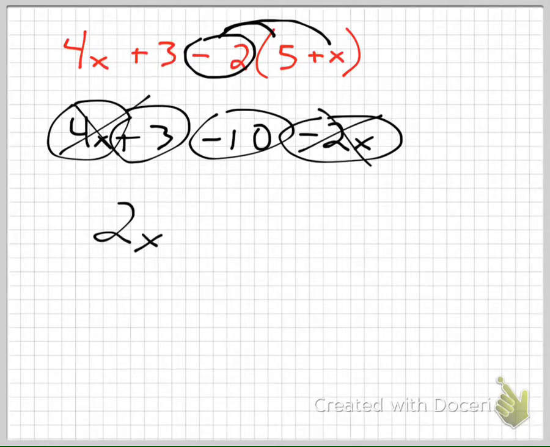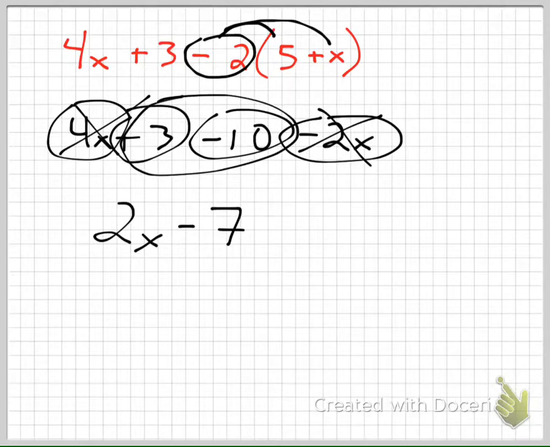3 minus 10? No, negative. Wait. When you say 7, you're wrong. That's opposite. It'd be like if the answer was yes, you said no. Well, yeah, because you can combine the 3 and the -10.